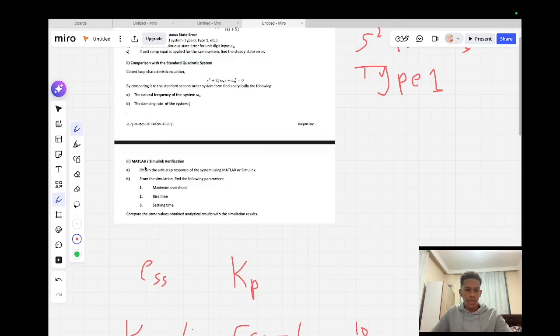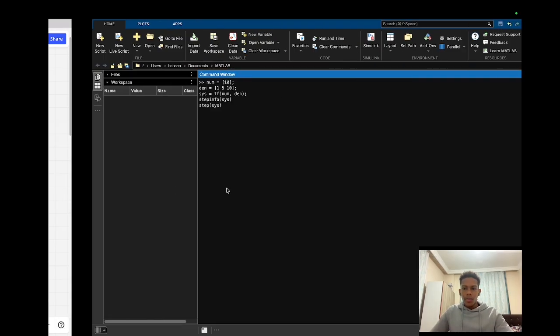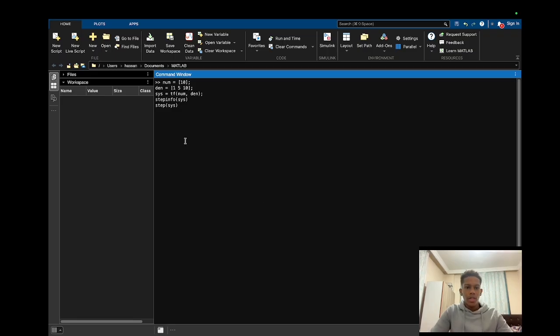By using MATLAB or Simulink, obtain the unit step response of the system. Okay, we can go to the Simulink. This is our function. The numerator equals 10, the denominator equals s square plus 5s plus 10. Then use the step info and step the system.